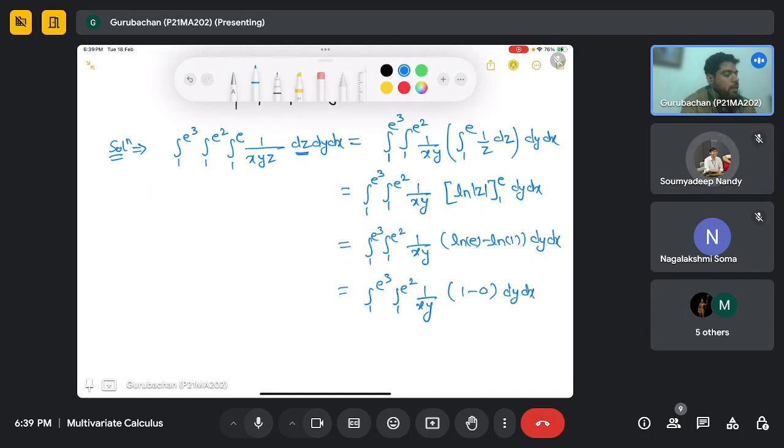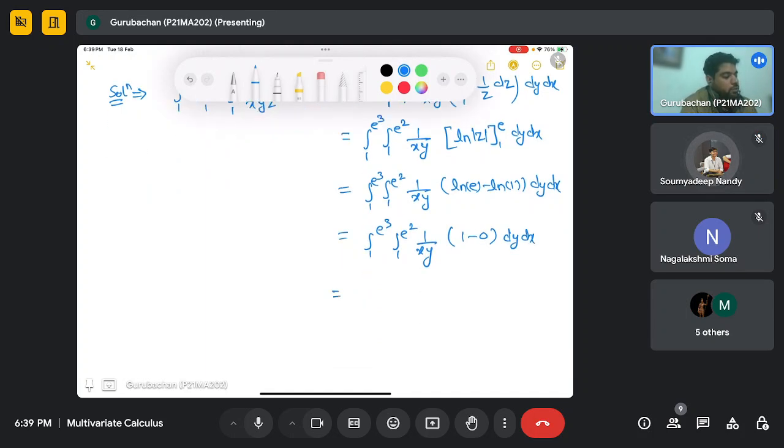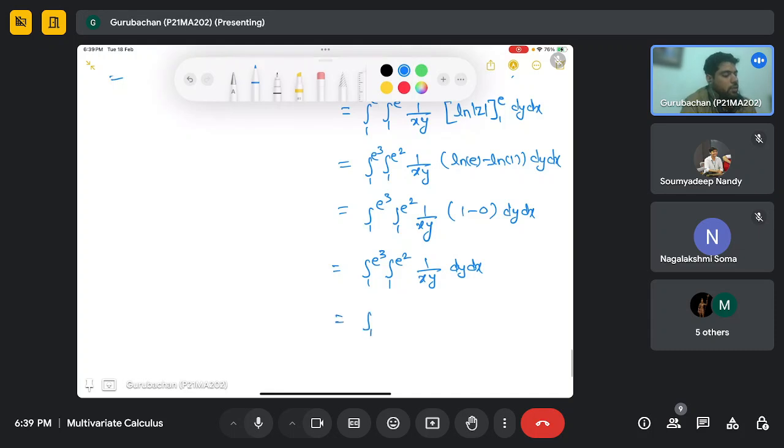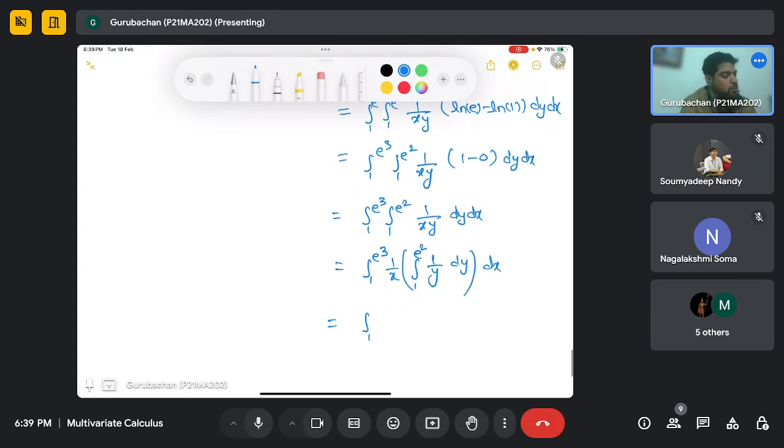So this will be left with the double integral of 1 by xy dy dx. Now since we have to integrate with respect to y first, we will treat x as constant. This will give us, from 1 to e cube, 1 by x ln mod y from 1 to e square dx.